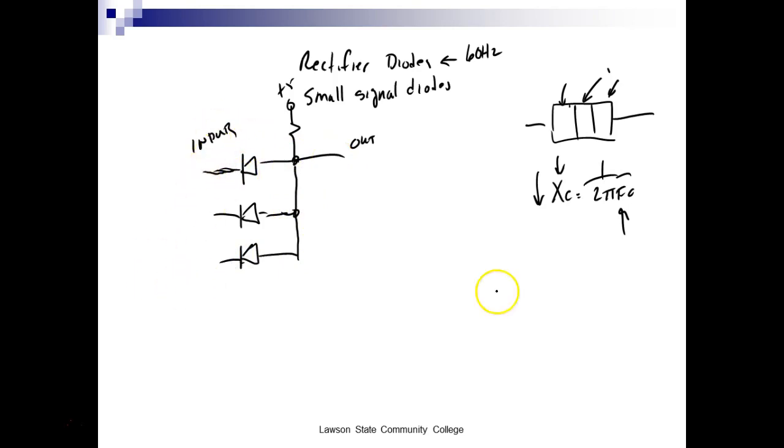So what we're going to do is over here we're going to say if I put +5 on this, this will equal a digital 1. If I put 0 volts on it, then this is going to equal a digital 0. Now, when we say 0 volts, I'm going to put my common over here.